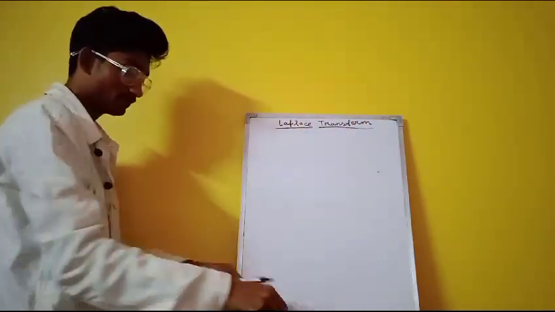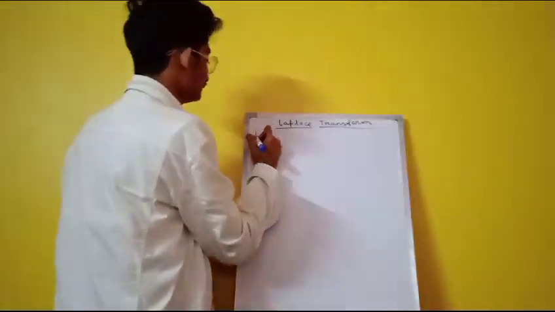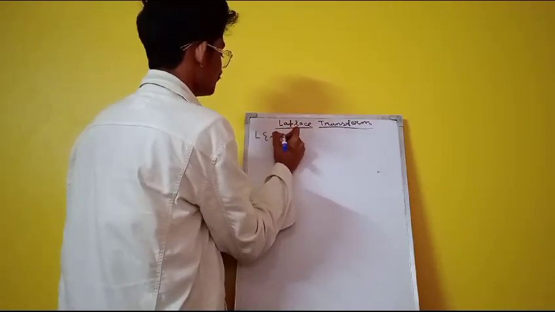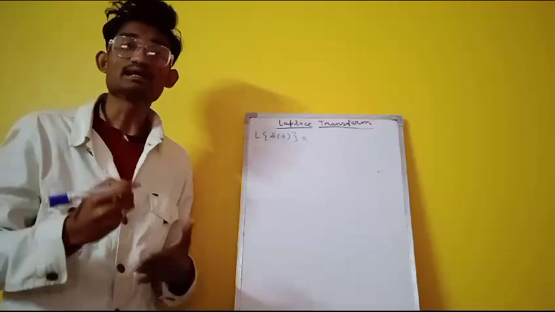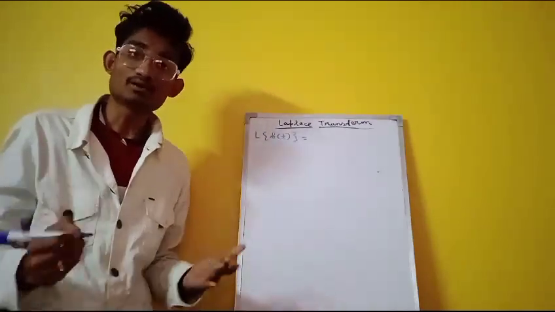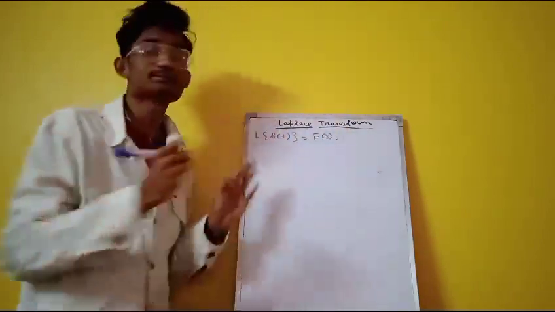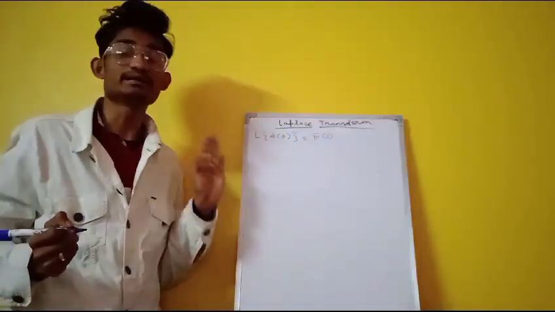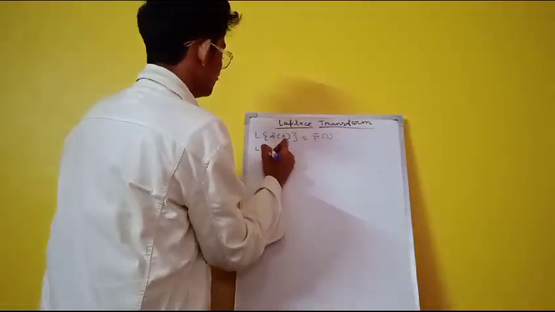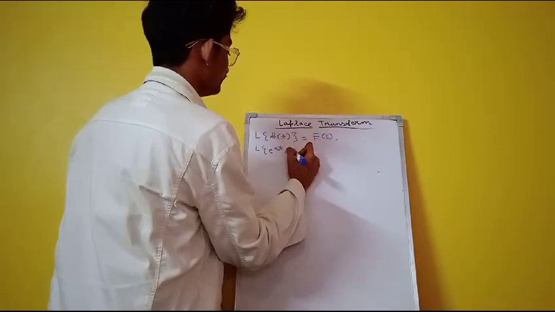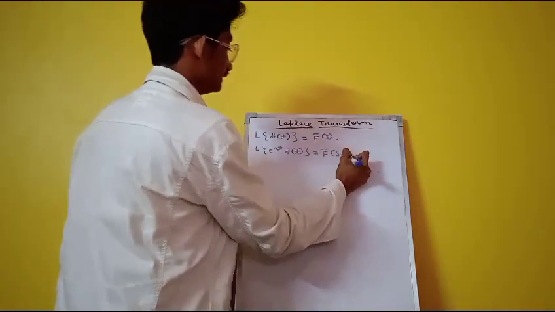For a quick recap, I am writing the first shifting property. Laplace of f of t is a function of s, and if you write the function of s as F bar of s, then if you multiply by any exponential factor, e raised to power at, where a is any constant, then Laplace of e raised to power at times f of t would be F bar of s minus a.